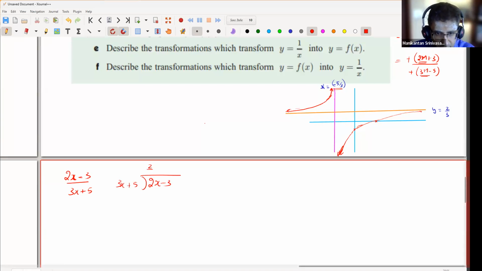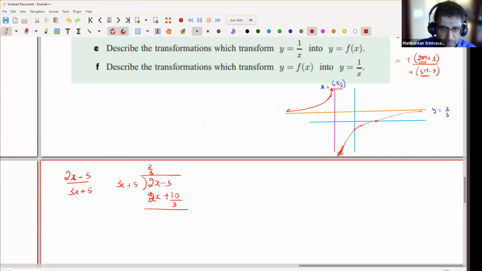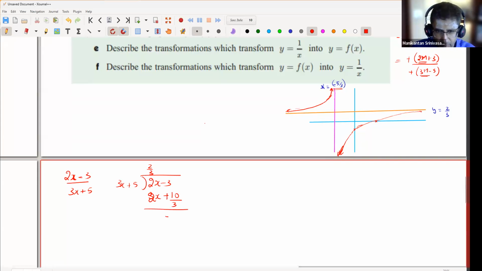So I have 2 by 3 here. 2 by 3 times 3x is 2x, and then plus 10 by 3. If I do some silly mistake, please catch me, guys. So when I subtract, what do I get?